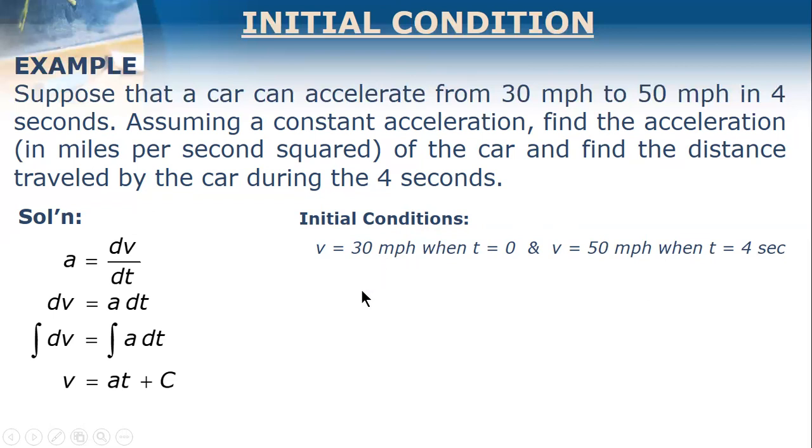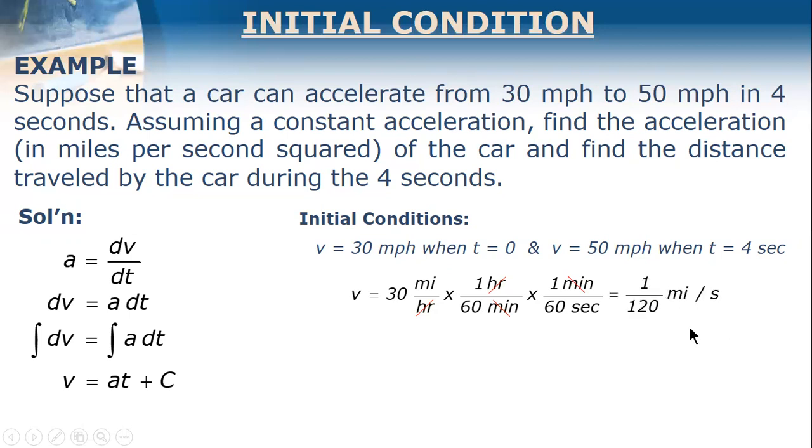So, for 30 miles per hour, this is the conversion. 1 hour is 60 minutes, 1 minute is 60 seconds. So, cancel the hour, cancel the minutes. What remains is miles per second. So, divide 30 by 60 and 60, the result is 1 over 120 miles per second.